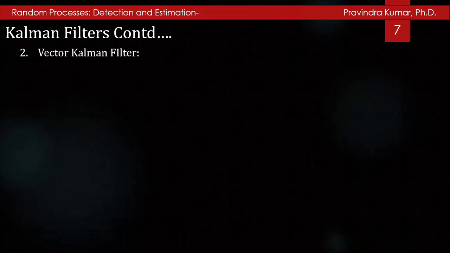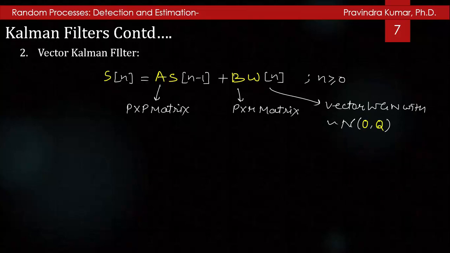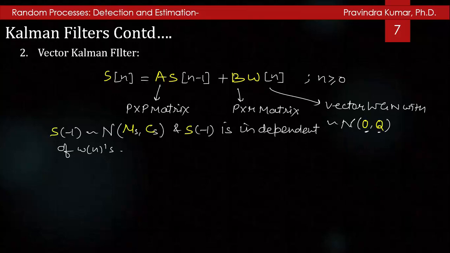Now the Vector Kalman filter. Let S[n] be equal to A S[n-1] plus B omega[n]. These are in vector form, where n is greater than or equal to 0, and the A matrix is p by p, and B is the p by r matrix, and omega[n] is the vector of white Gaussian noise with mean 0 and covariance Q. And S[-1] is a normal process with mean mu s and covariance Cs, and S[-1] is independent of the omega[n]s.